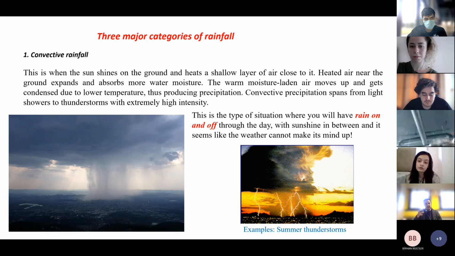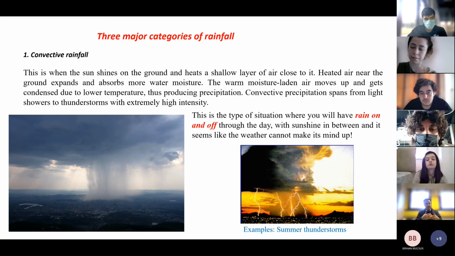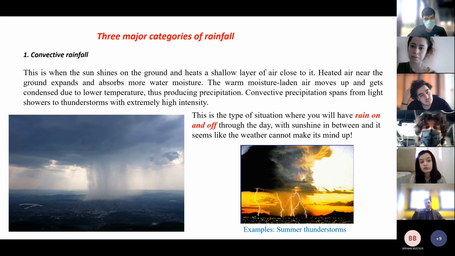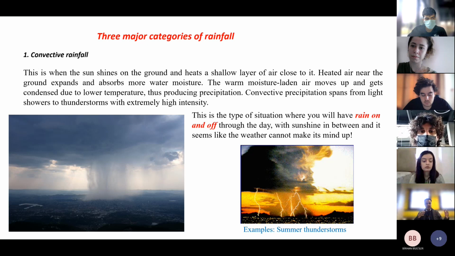And this is why sometimes in summer you see rain in one part of the city, but not in another part. Even so close together, when you are driving your car from the university to the city center, around Döşemealtı you see there is rain. But when you reach some place close to the city, there is no rain.